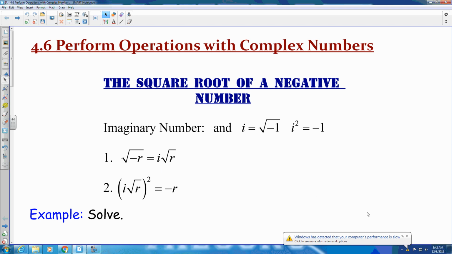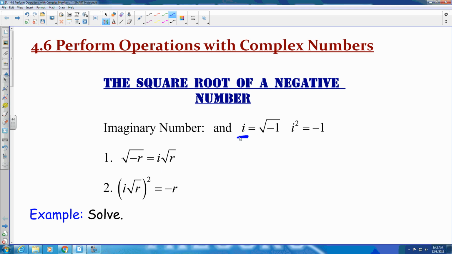Now, complex numbers deal with imaginary numbers. Imaginary numbers means we're going to introduce a new variable into our number system, which is the value i. If you look at the value i, it has a value attached to it, which means i equals the square root of -1.